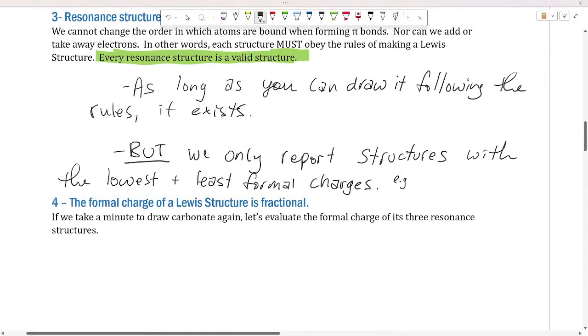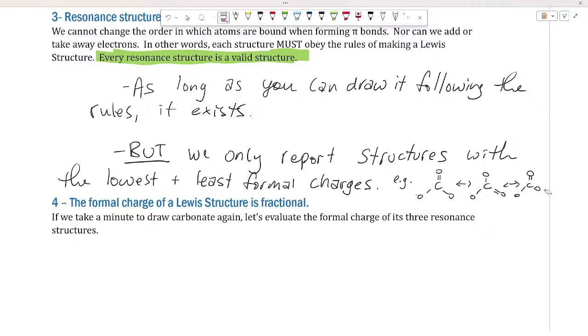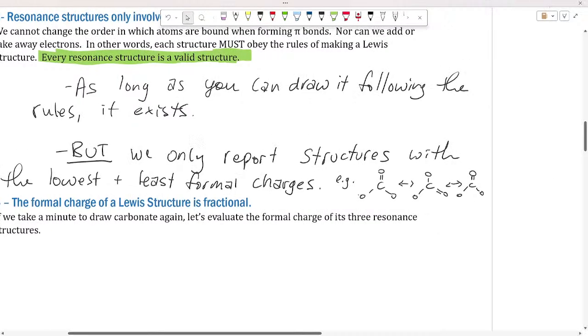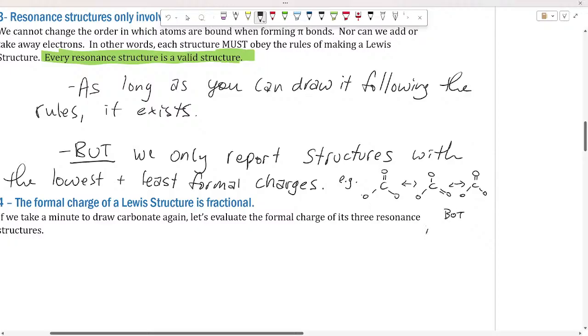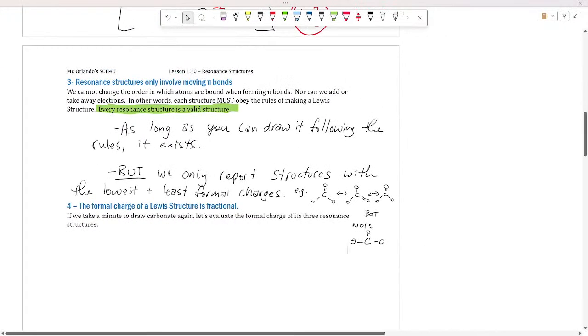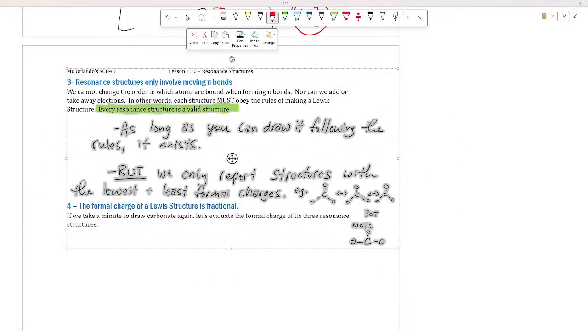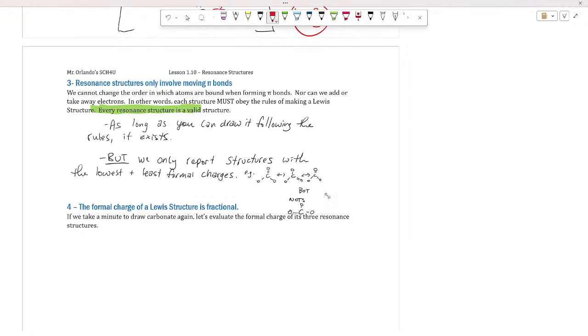And just really quickly, if you found that you wrote this a little bit too big, what you could do is you could just highlight it, just like this, and you could just shrink it down some, right?